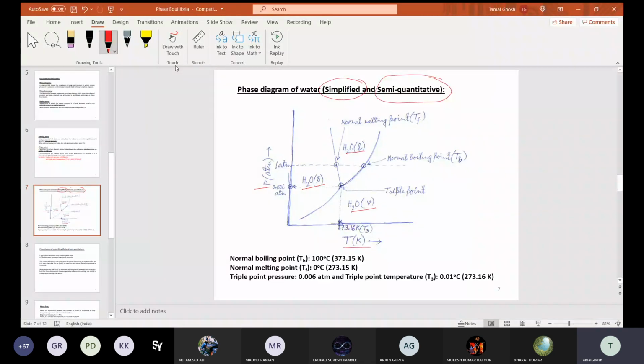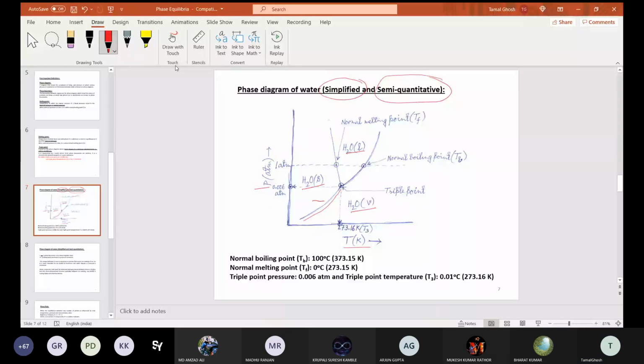Now the solid lines that are shown here are basically the phase boundaries. Up to the triple point, I have put a red line. So this is your solid-vapor phase boundary.